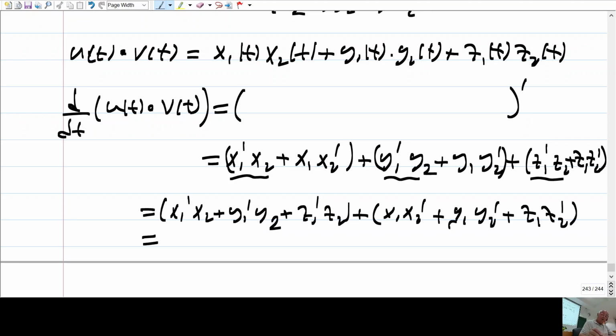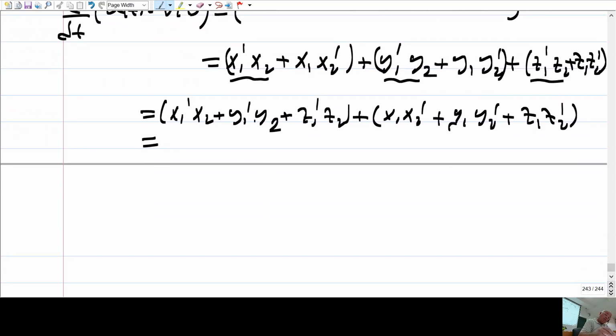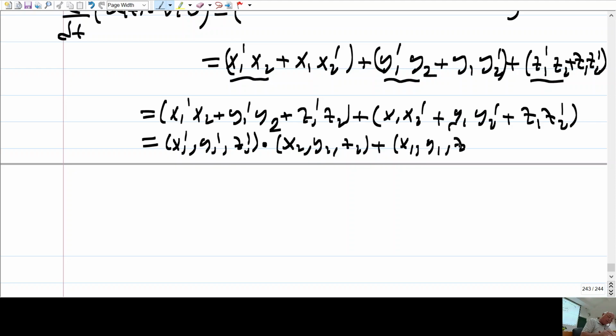And then note the following. The first term is nothing but the dot product of these two vectors, (x1 prime, y1 prime, z1 prime) dot product with (x2, y2, z2) plus, what about this one? This is the dot product of (x1, y1, z1) with (x2 prime, y2 prime, z2 prime).